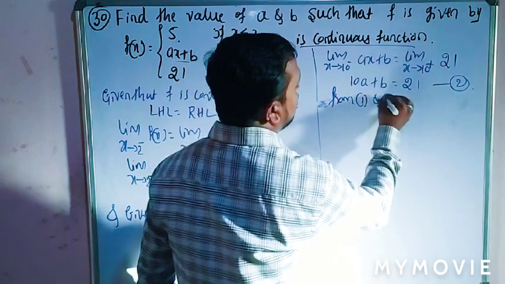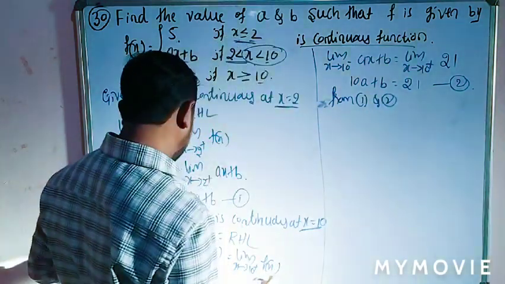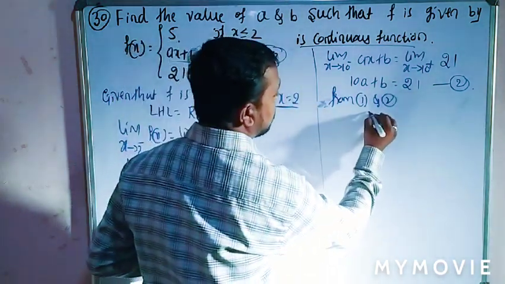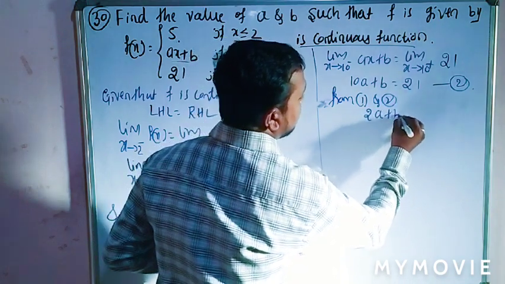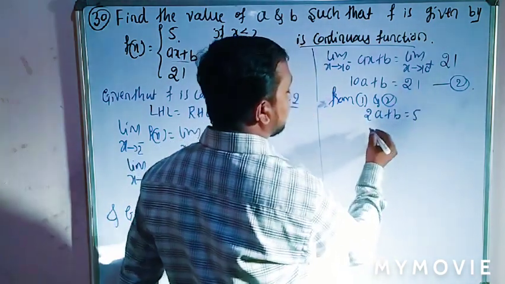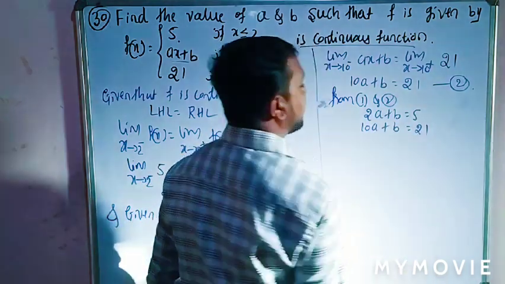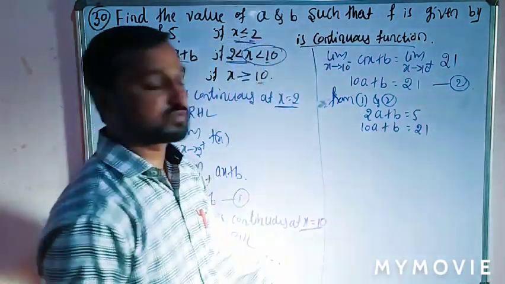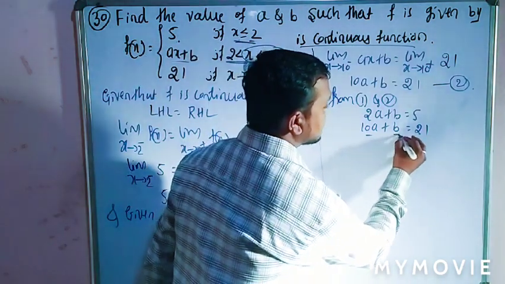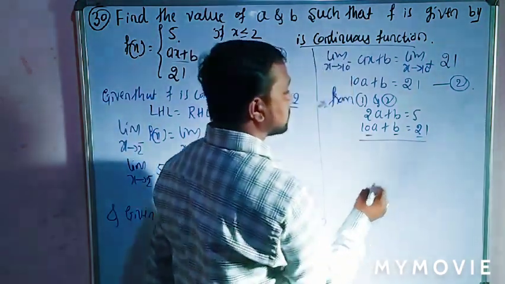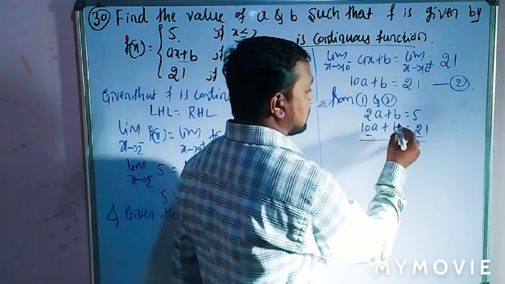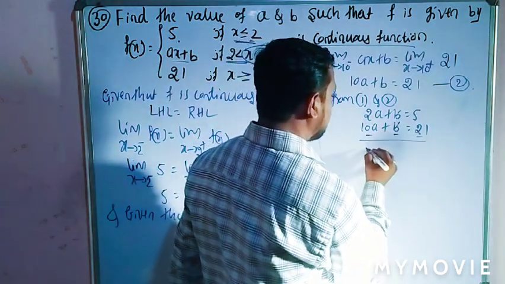From 1 and 2, you can write 2a plus b equal to 5. What is the second one? 10a plus b equal to 21. Okay. Subtract those. Remember minus, minus, minus. We get: b gets cancelled.